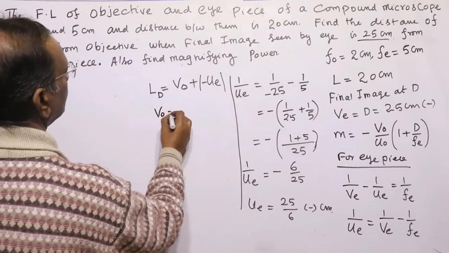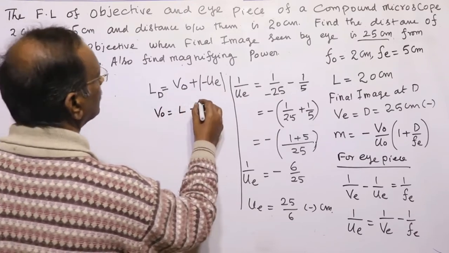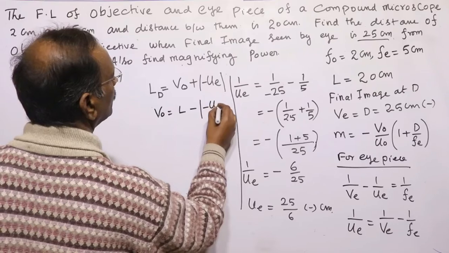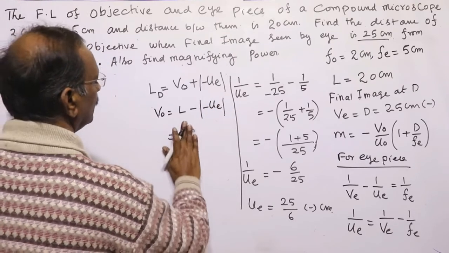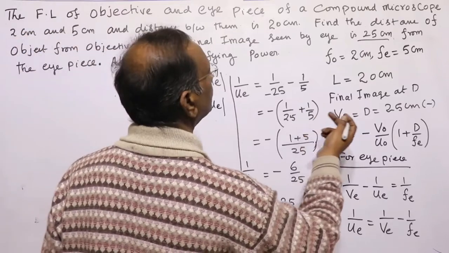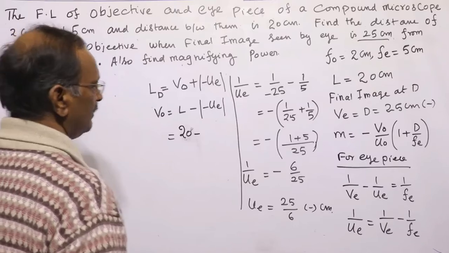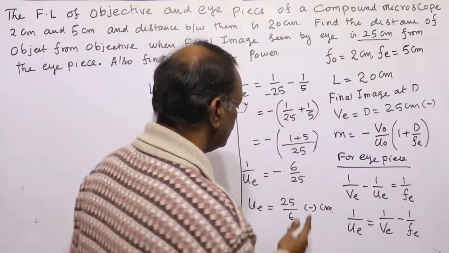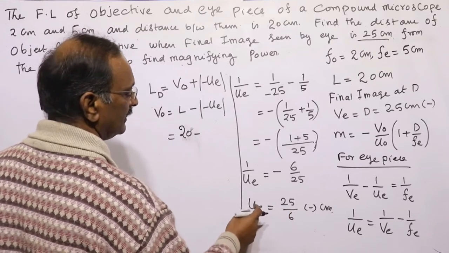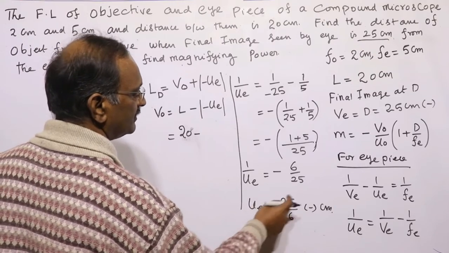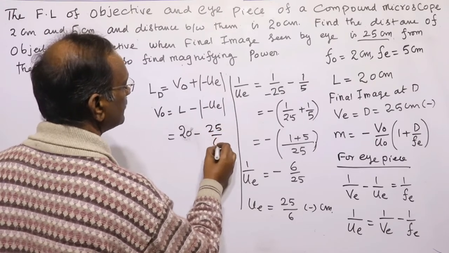So V naught is equal to L minus modulus of UE. L is given as the length of the tube, 20 centimeter, minus modulus of UE, that is the object distance of the eyepiece, which is 25 by 6.